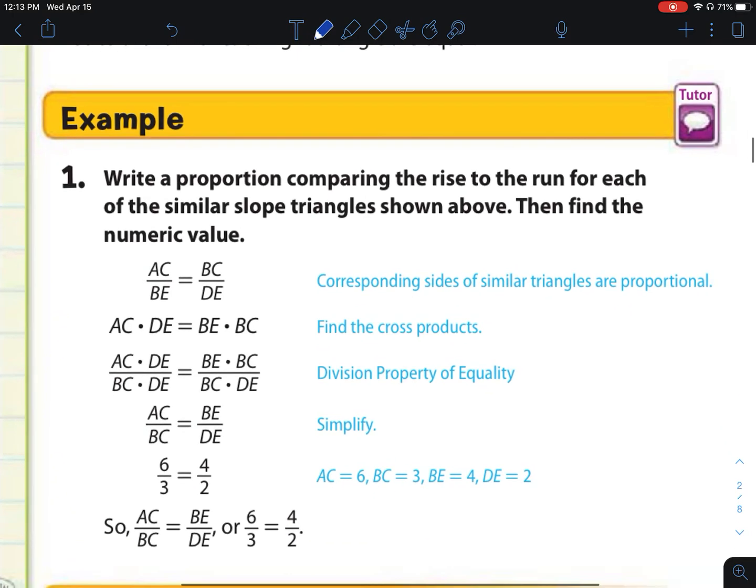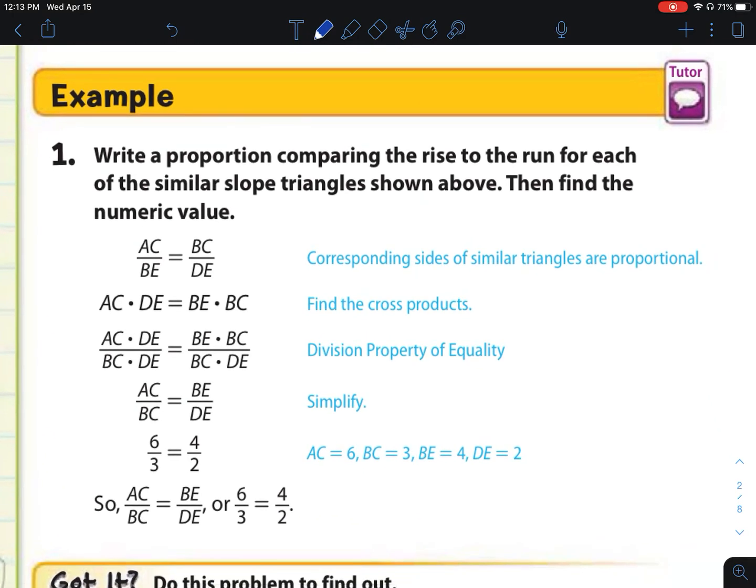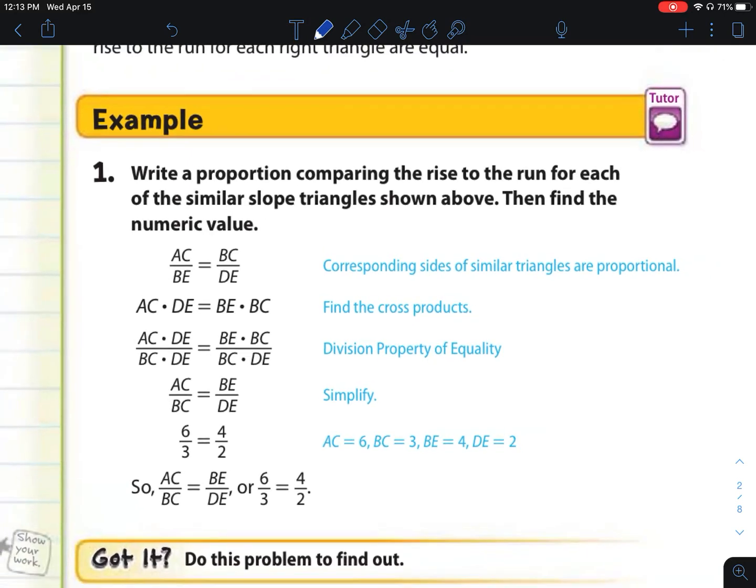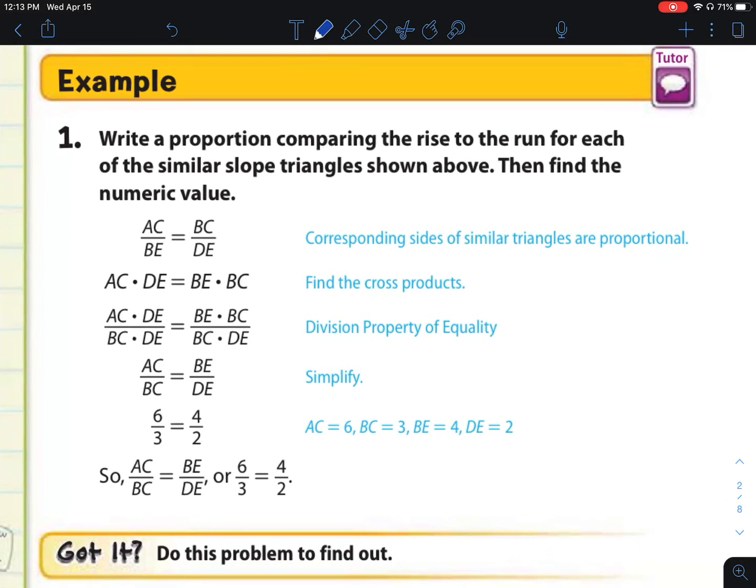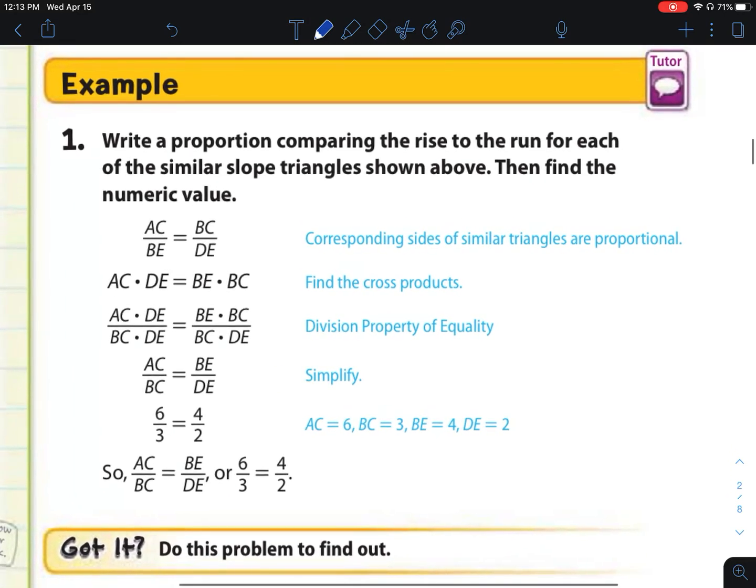How does this work? Let's take a look at example number 1. Write a proportion comparing the rise to the run of each of the similar slope triangles as shown above, and then find the numeric value. So let's say AC over BE is equal to BC over DE.